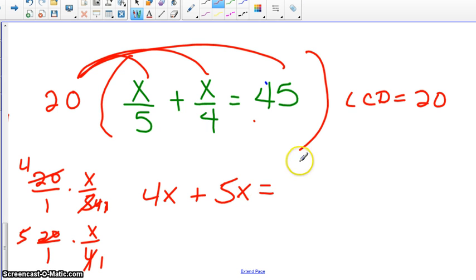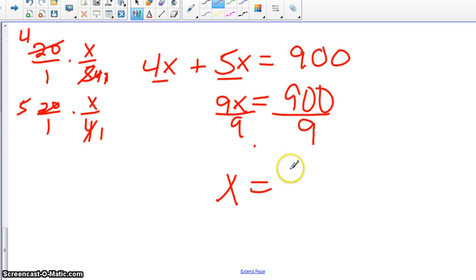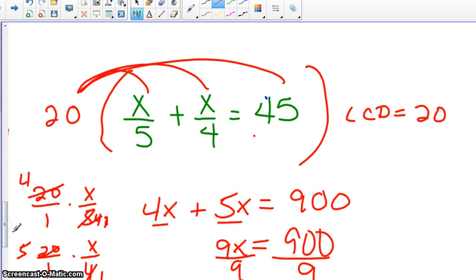And then 20 times 45 is 900. Combine my like terms. 9x equals 900. Divide by 9. And x equals 100. So multiplying through by the LCD, and you have to do both sides of the equation. Okay, just like we did here. Both sides of the equation will give us a problem without any fractions in it anymore. If you do have fractions, then you've done something wrong.